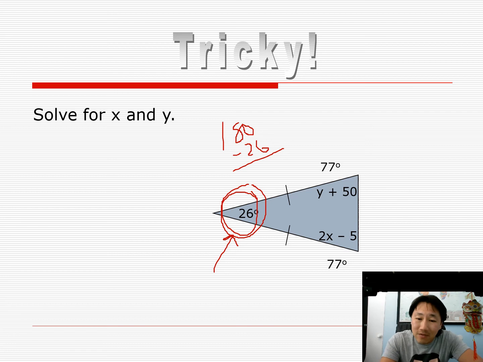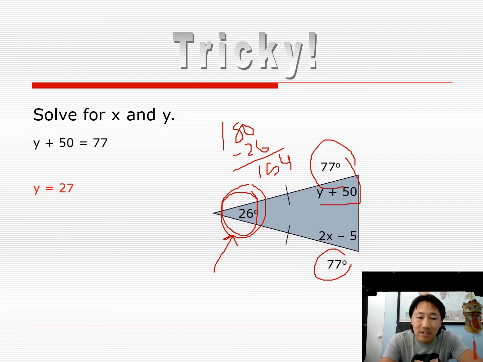Then I split that evenly by 2 to get 77 on each angle. From there, you set y plus 50 equal to 77 and solve it out, and then set 2x minus 5 equal to 77 and solve it out.